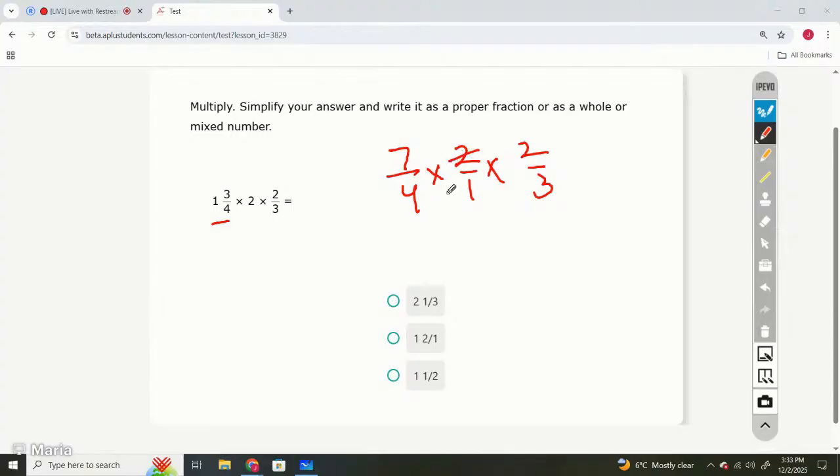So 2 times 2 is 4 and 4 times 7 is 28 and 3 times 4 is 12.